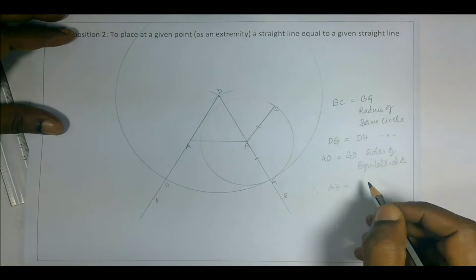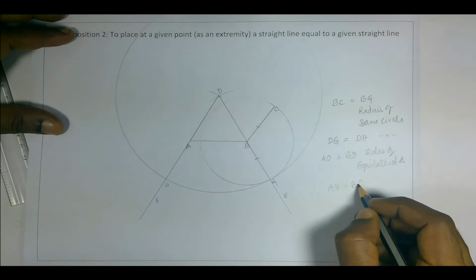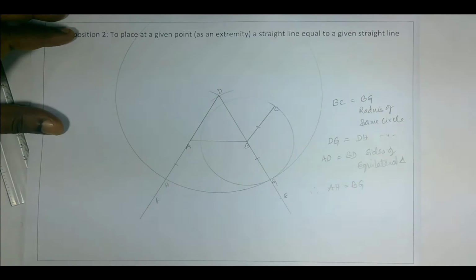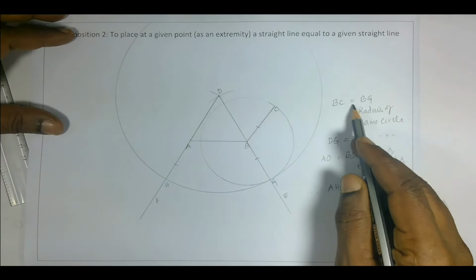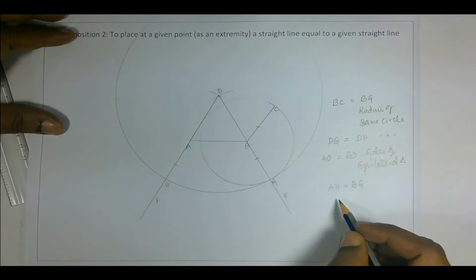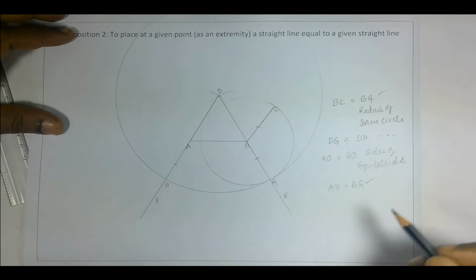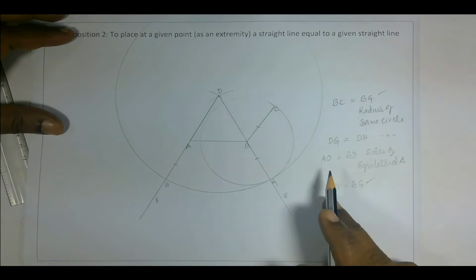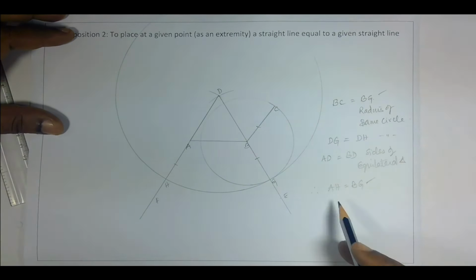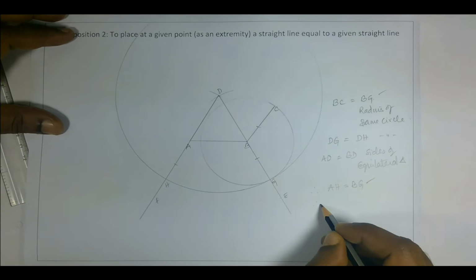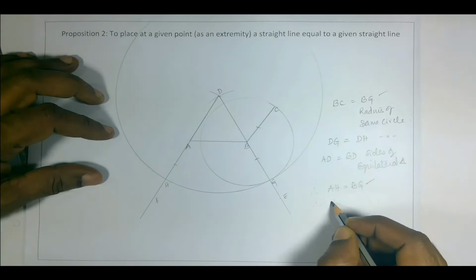So therefore, AH is equal to BG. But we already know that BC is equal to BG. If two things are equal to the same thing, then they are equal to each other.